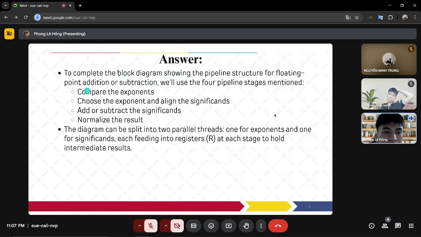The first is compare the exponent, choose the exponent and align the significands, subtract the significands, and normalize the result. The diagram can be split into two parallel threads, one for the exponent and one for the significand, feeding into a register R at each stage to hold the intermediate result.